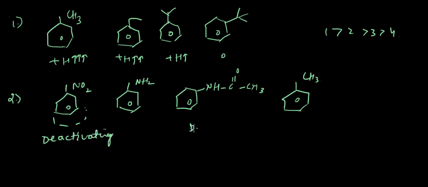This is also deactivating, but this will be directing ortho and para, and this will be directing at meta position, because this nitrogen would have no lone pair and this has actually one lone pair, but still these two are deactivating. So we would be having something like 3 then 1.